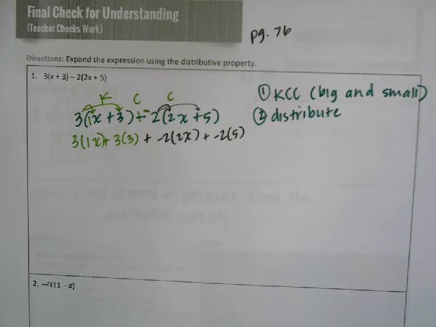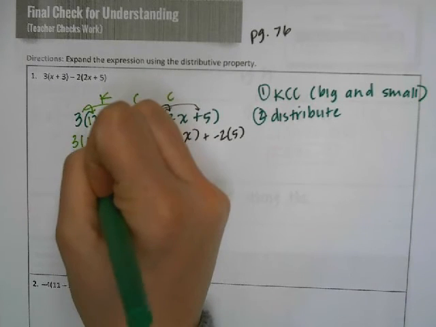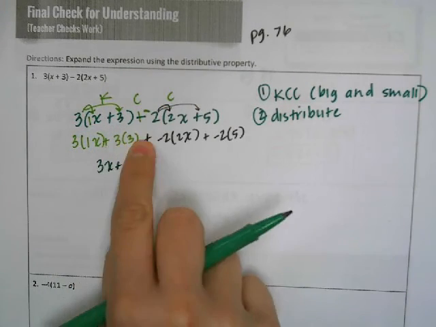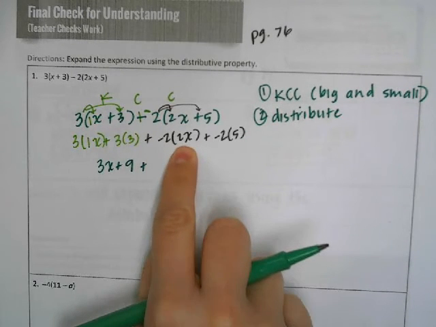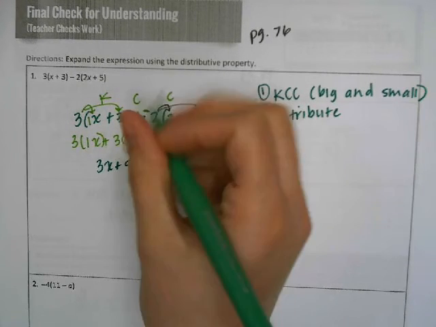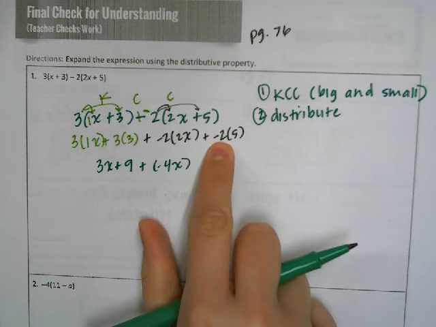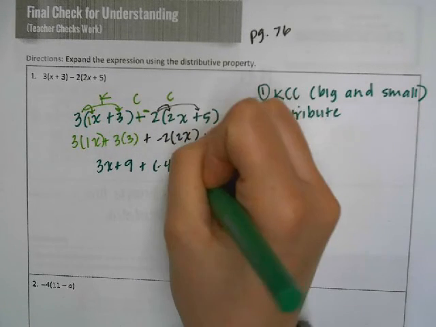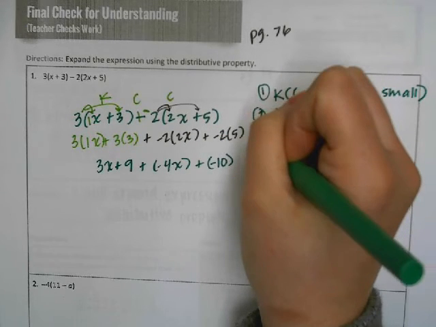Remember, distribute property just means to multiply. So now I have 3 times 1x is 3x, plus 3 times 3 is 9, plus -2 times 2x, a negative times a positive is a negative 4x, and -2 times positive 5 is a negative 10. Now I can combine like terms.